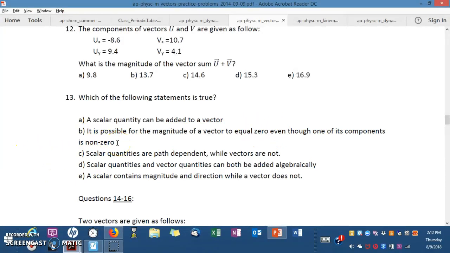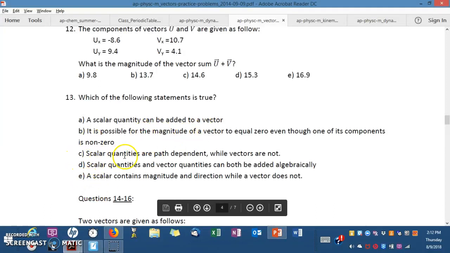Well, no, it's not possible, because if you have a vector where x and y, for example, are zero, but z is not zero, the magnitude of that vector is definitely not zero, because that means it's just a vector that lies on the z-axis. So no, it's not possible.